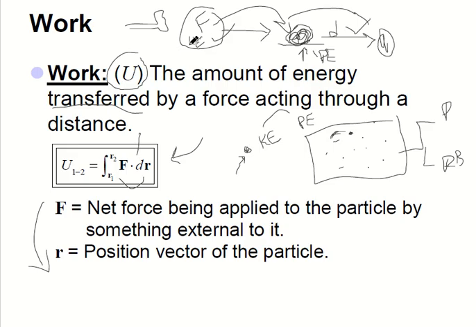Net force means there can be sub forces underneath causing the net force. So the net force is being applied to the particle by something external to it. External means it doesn't come from within the particle itself; it comes from the environment acting on it. Then, of course, R is the position vector of that particle.